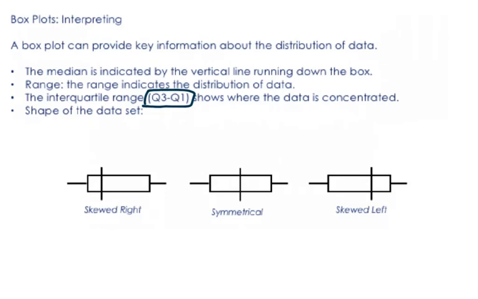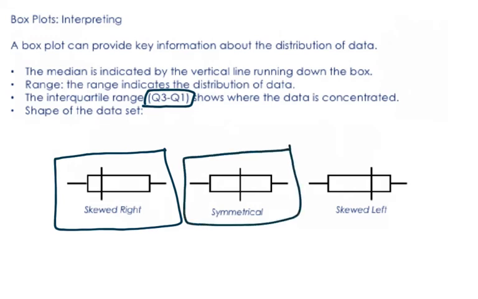That shows where the data is concentrating. So if it looks like this, we would say skewed right. If more data is to the right of Q2, it's called skewed right. When Q2 is directly in the middle of the box, that's called symmetrical. And when Q2 is more to the right side, we would say skewed left, because there's more data to the left of Q2.